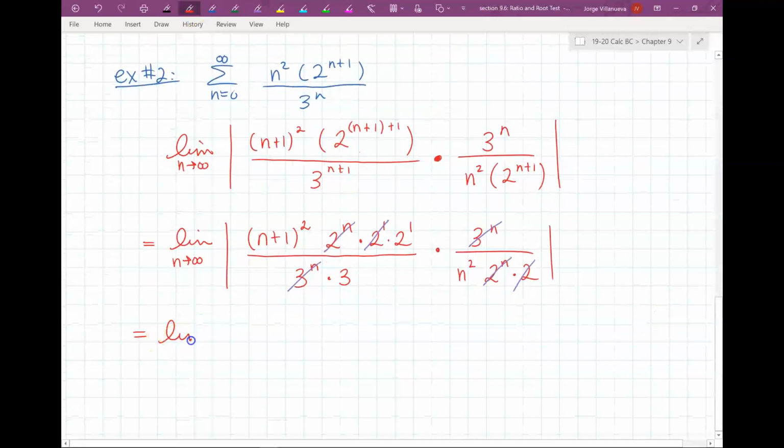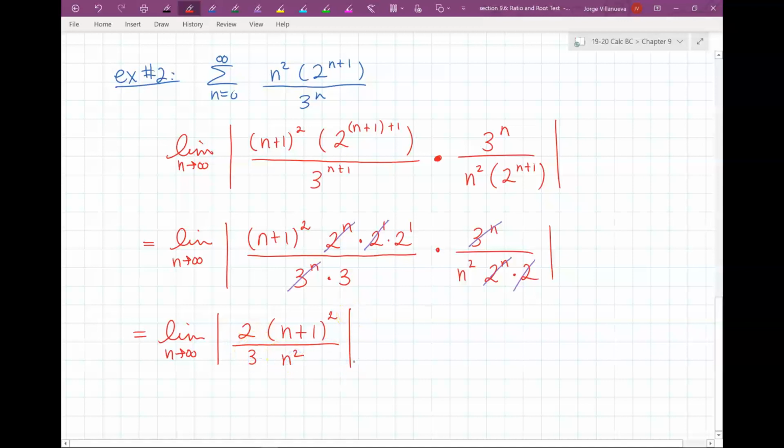This is equal to the limit as n approaches infinity of, let's see, on top I have 2 times n plus 1 squared. On the bottom I have a 3 and an n squared. What's my limit? Two over 3.